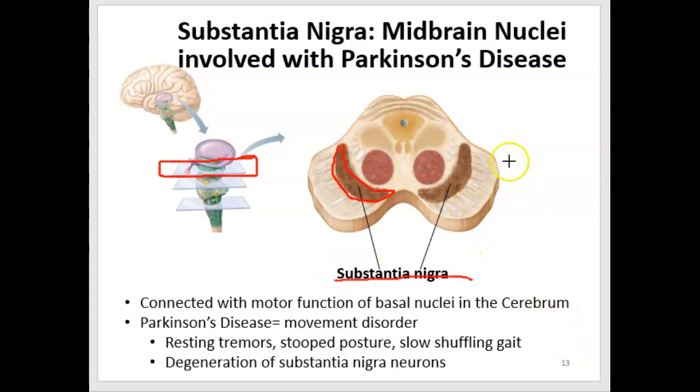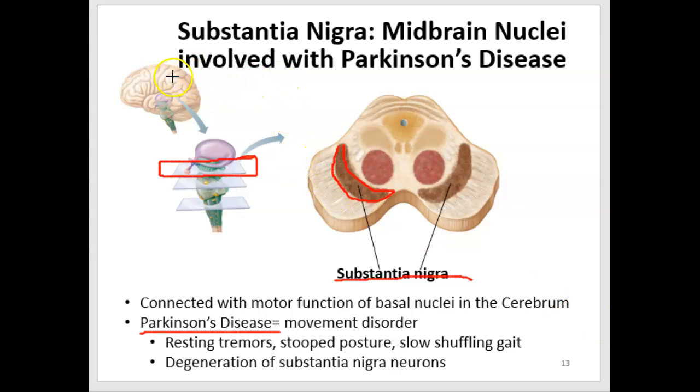I talked about it when I talked about the cerebral basal ganglia and the gray matter in the cerebrum. So the Substantia Nigra, as I mentioned before, isn't technically part of the cerebrum. It's part of the midbrain. Regardless, it's the location of the nuclei that degenerate in Parkinson's disease.